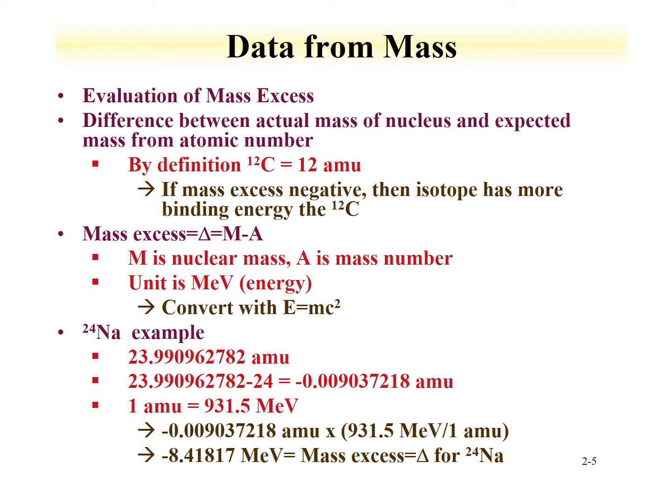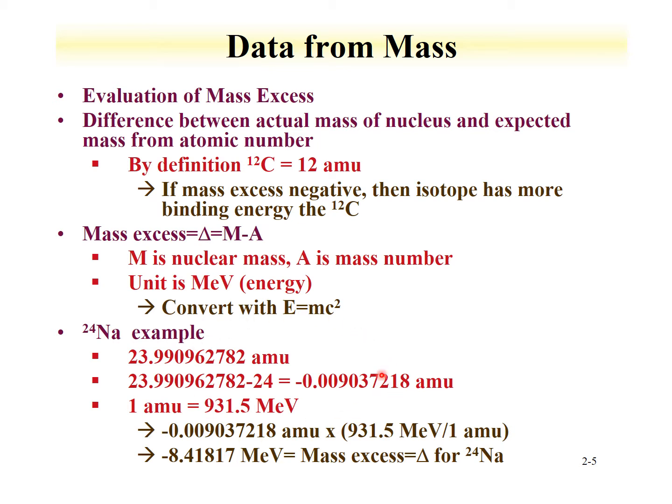So right now all we've done is define this mass excess term, which is the atomic mass unit minus the A of that isotope. We get a value, and we multiply it by 931.5, and we get this mass excess.